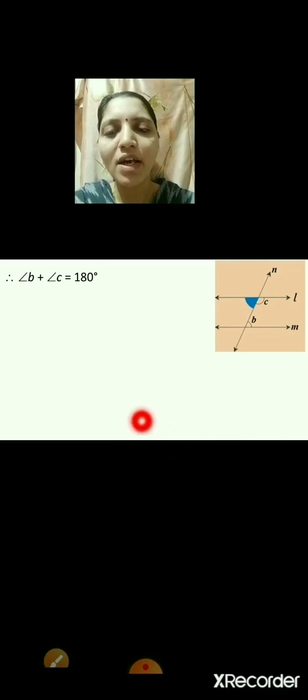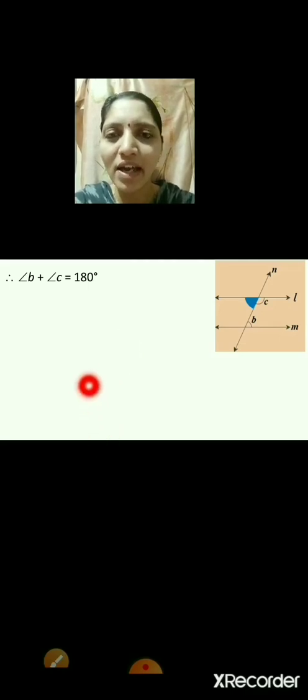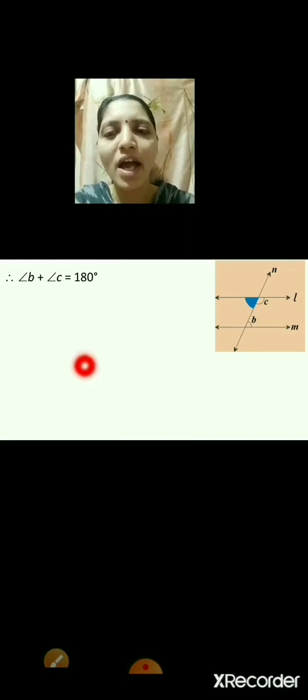So we can write here angle B plus angle C is equal to 180 degree. What we have done here? We have substituted angle A as angle B. So the equation 1 becomes angle B plus angle C is equal to 180 degree.